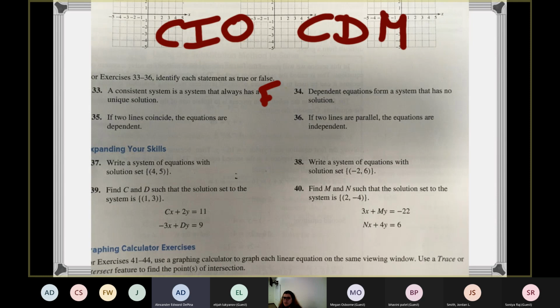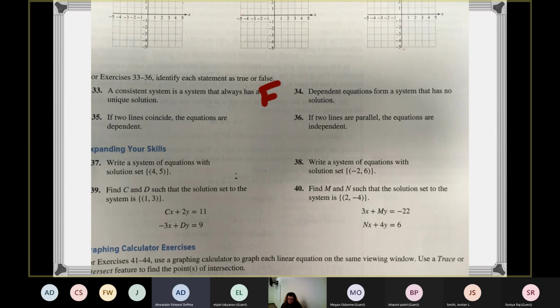Unique means one solution. A unique solution means one solution. And that would be false because it can also have many solutions. Oops, that's a false.